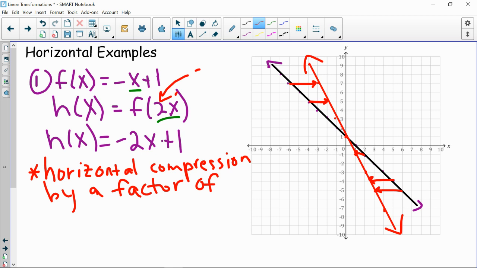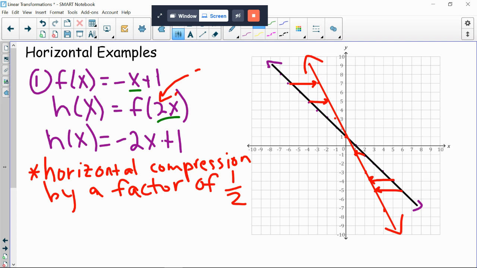Remember, it's the reciprocal. It's the opposite. Adam, 1/2. So all the points get closer, 1/2 closer to the y-axis. Okay, do the next one.